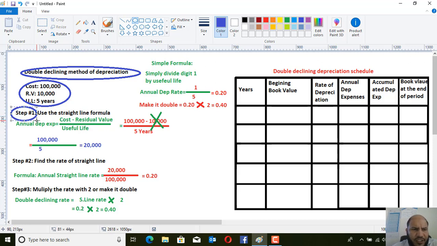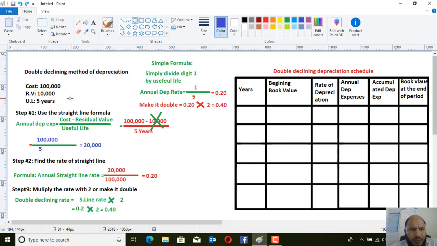In the first step, we use the straight line formula.